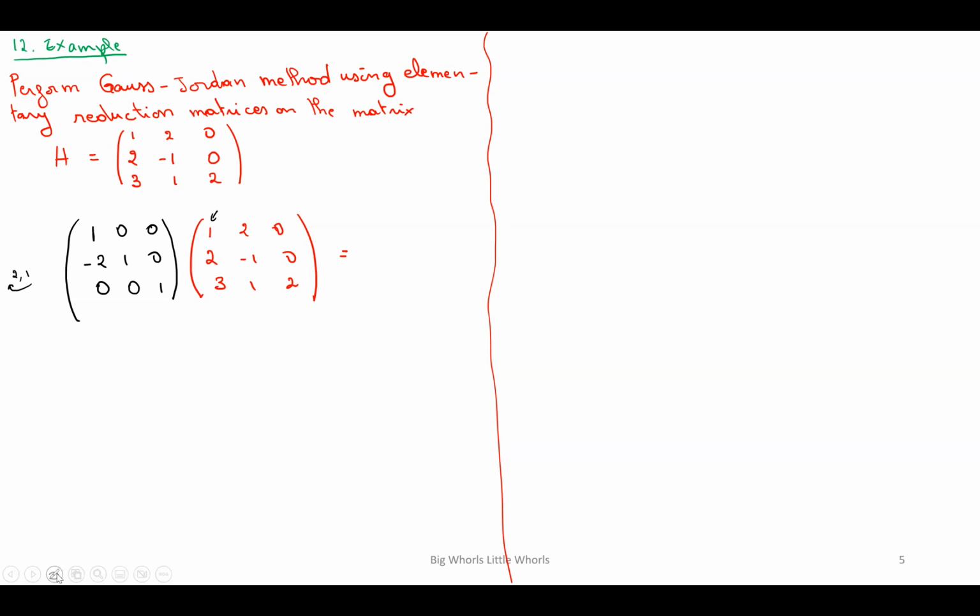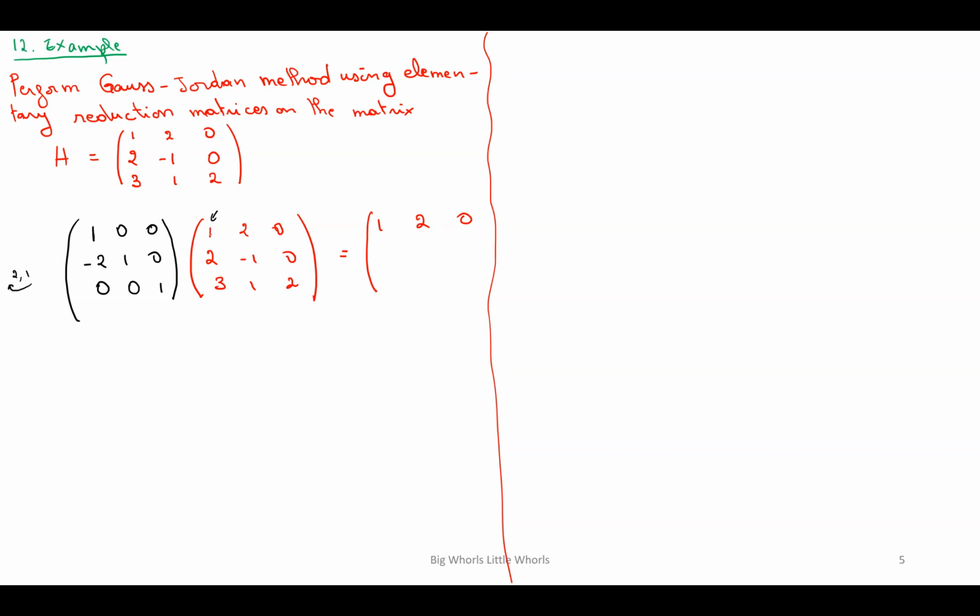So what do we have here? We have 1 here, copying row 1 into row 1. It is not doing anything there. And here it is copying row 2, and the -2 there is going to multiply row 1 by -2.